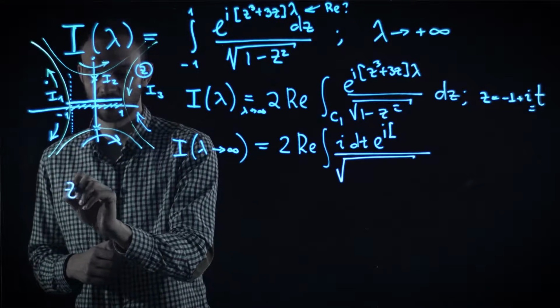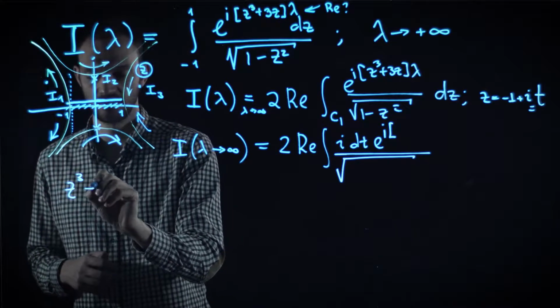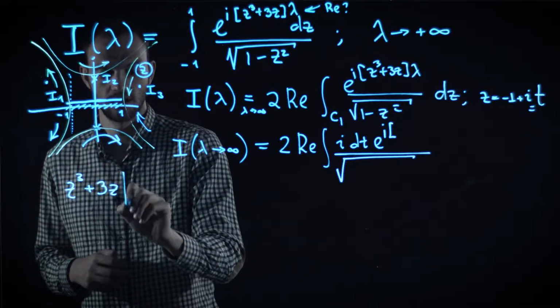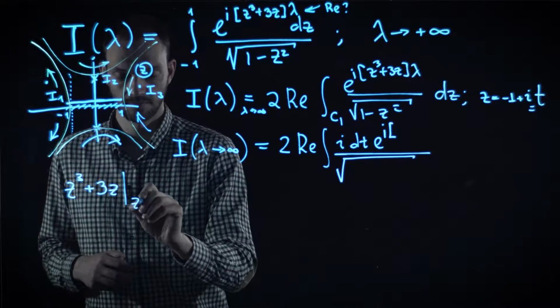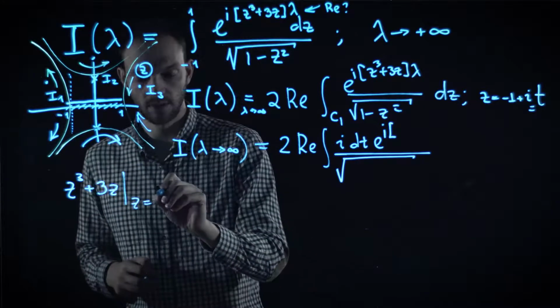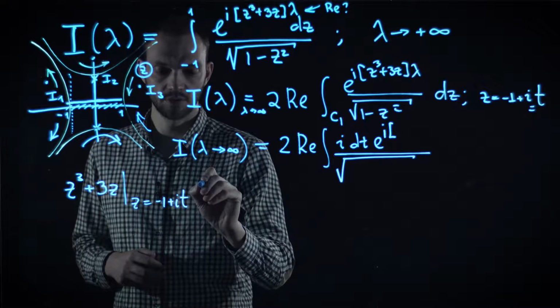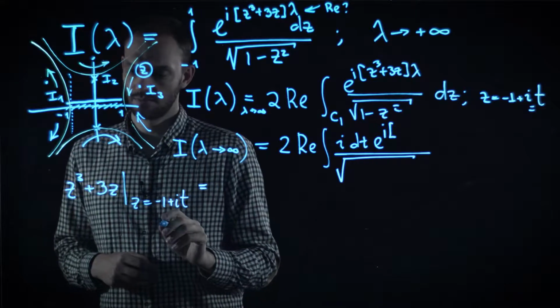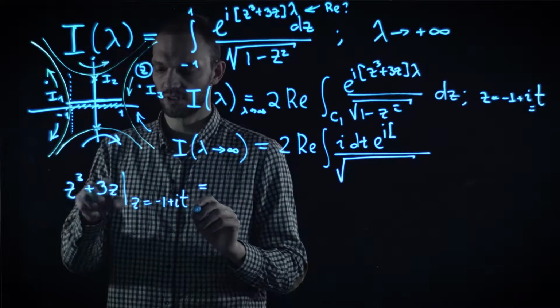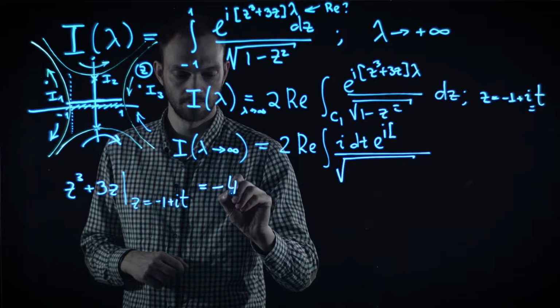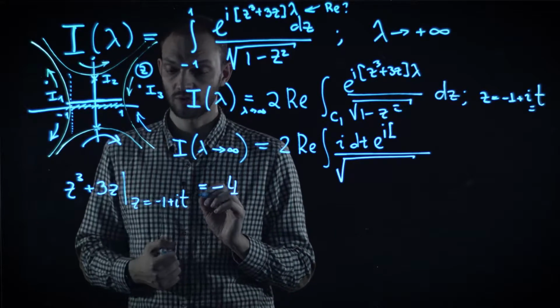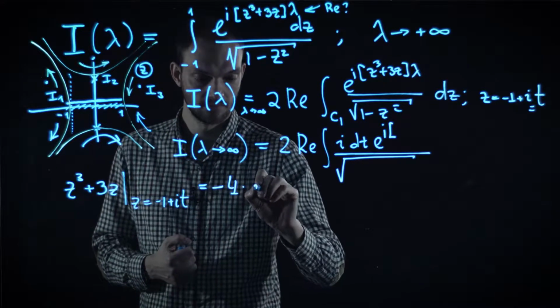So we need to take our z cubed plus 3z, and substitute z equal to -1 plus it. And so it becomes, at -1, it is -1 and -3, so this is -4. And then something which is proportional to it.